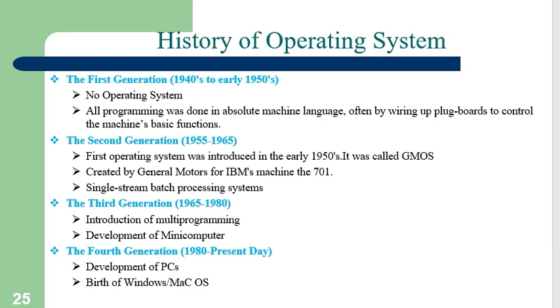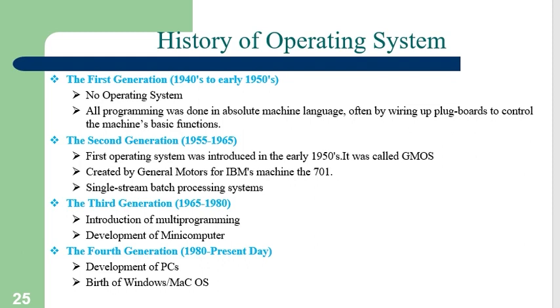And then the second generation is between 1955 and 1965. The first operating system was introduced in the early 1950s and it was called GMOS, created by General Motors for IBM's machine, the 701, a single stream batch processing system.